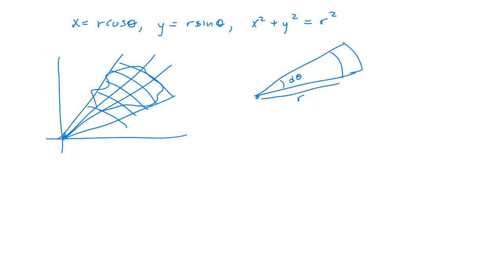This is the little change in r. And what I want to get is what's an approximate area of that little dA. A little change in theta times change in radius. And so for that, what I need is what is the length of that little arc on the inside.